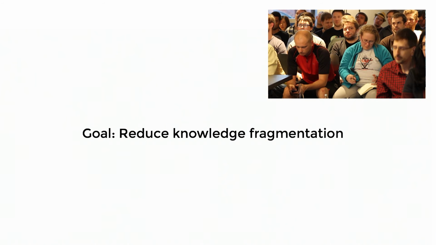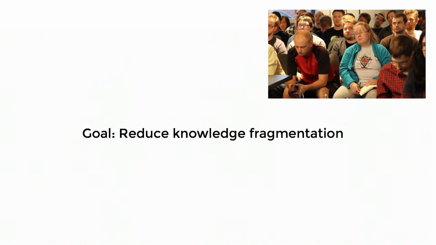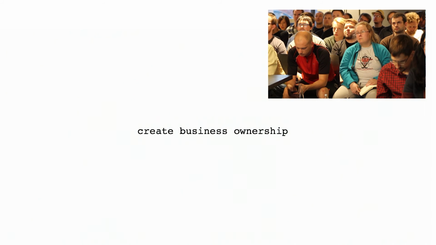And if you want to reduce this, and especially the fragmentation of the knowledge across the teams, because nobody has the whole picture in his head or in his wiki or wherever, well, reducing this kind of knowledge fragmentation is also something to reduce the waste in your company.